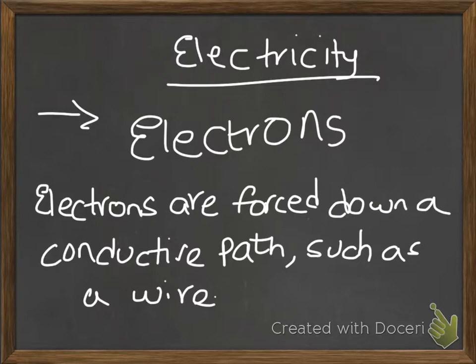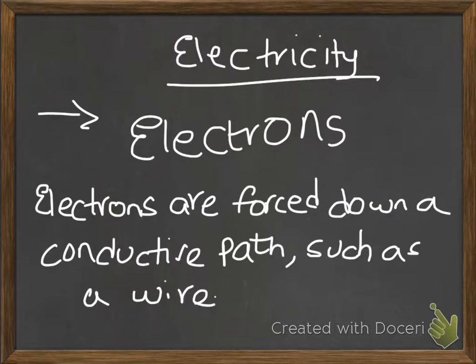So, electric energy is caused due to the movement of electrons, which are negatively charged particles. What is kinetic energy? Kinetic energy is a form of energy which is caused due to the movement of any object.